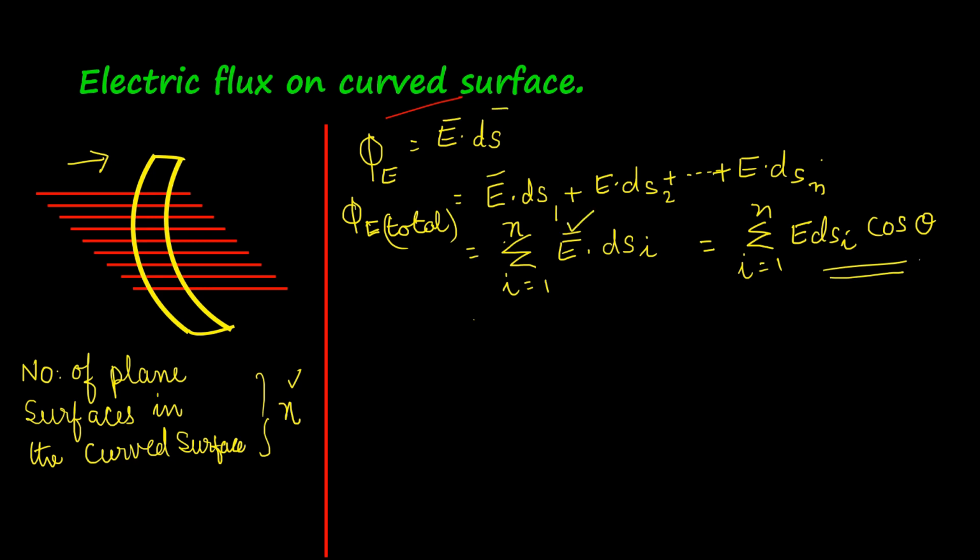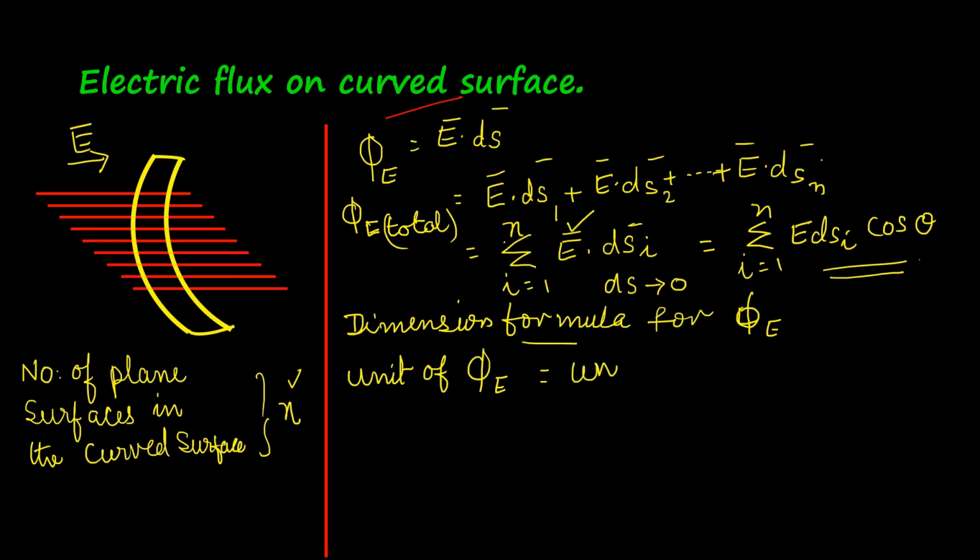Let me mark the electric field and area vector as vectors. For each ds element, the electric field direction can be taken as the same because ds tends to 0. It is so small. Now we will see the dimensional formula and unit of electric flux.